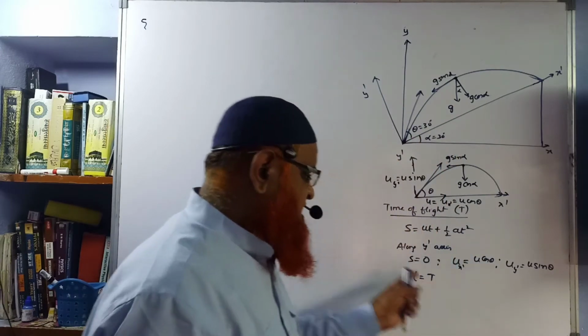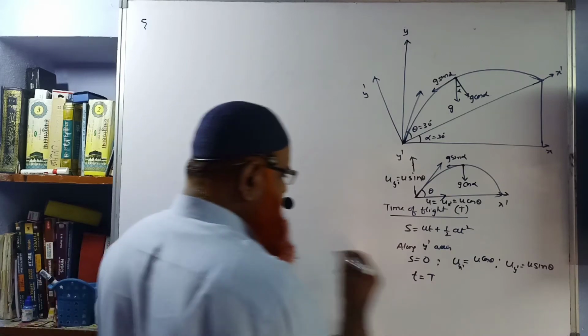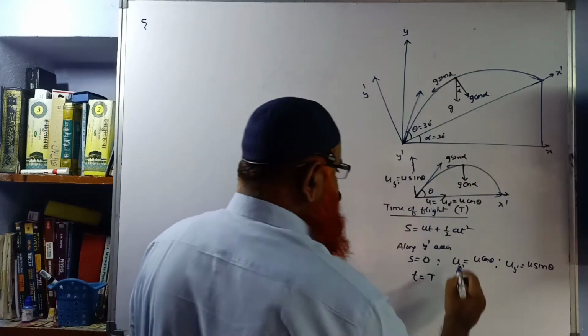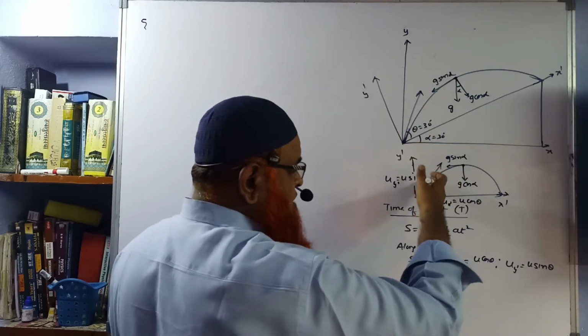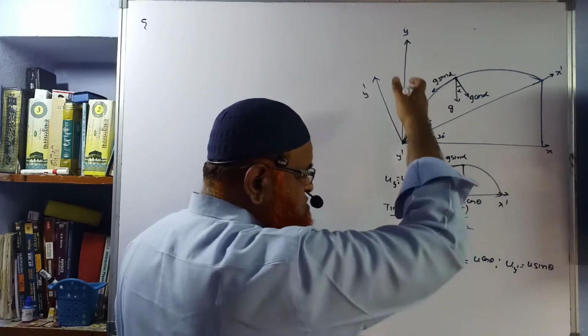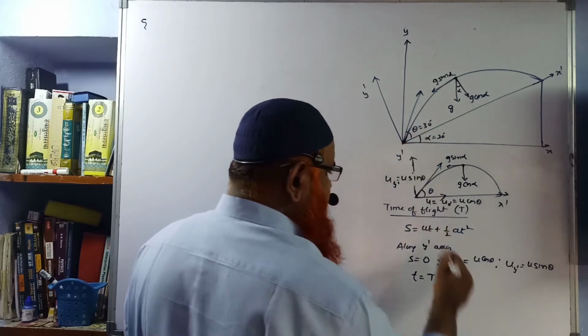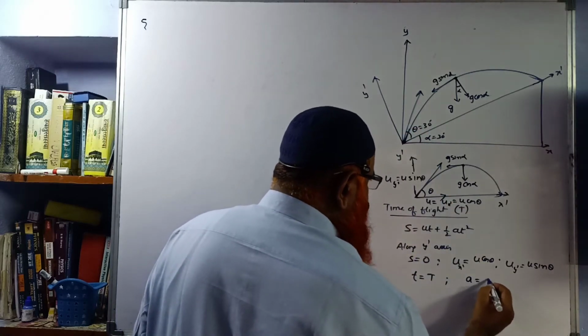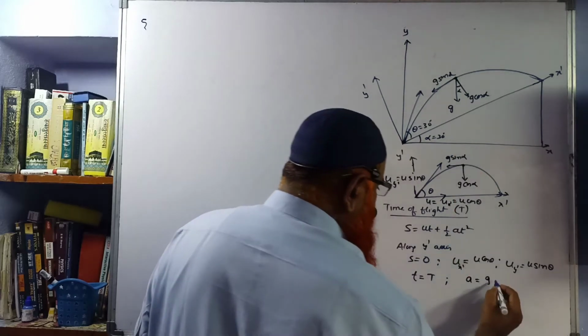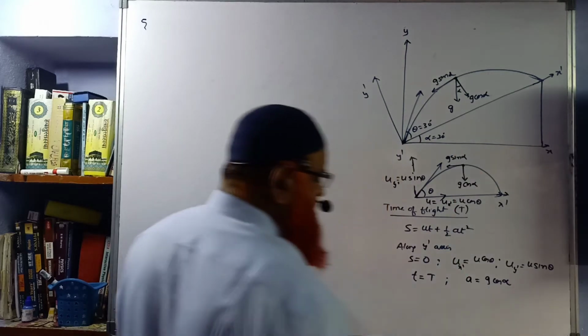So I have taken this as capital T, and along the y dash axis, according to our problem, you are going to observe that acceleration is going to become downwards, that is g cos alpha.